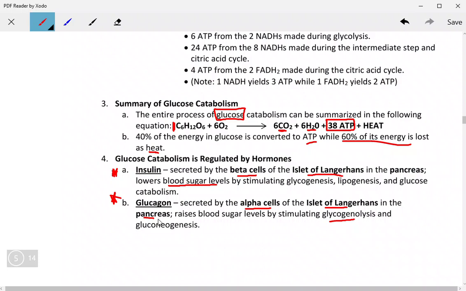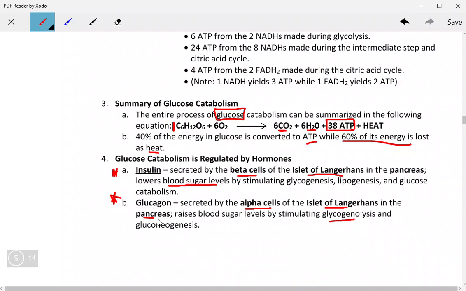So when we need more glucose, we know to go to the storage site, which will be the liver and what else? The skeletal muscles. So this is exactly where glucagon will go. It will go to your liver and skeletal muscles and tell them, hey, break down glycogen.